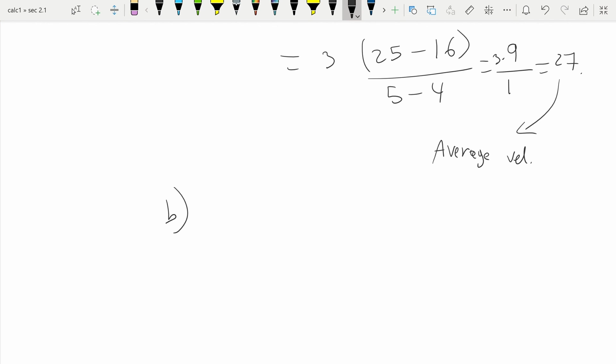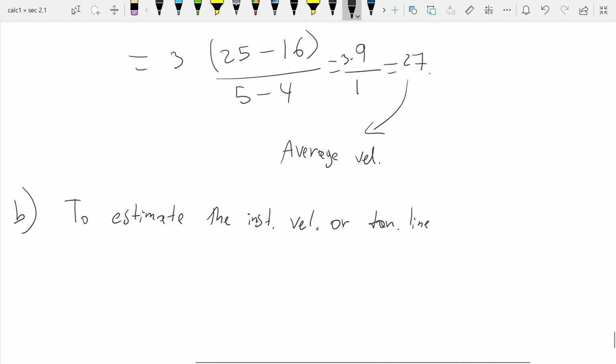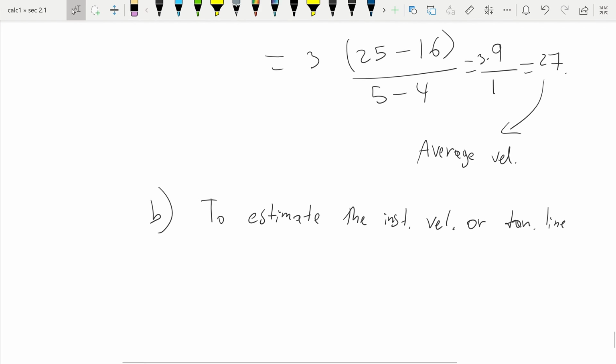So for part B, let's remember to estimate the instantaneous velocity, or tangent line slope, at a time t0.